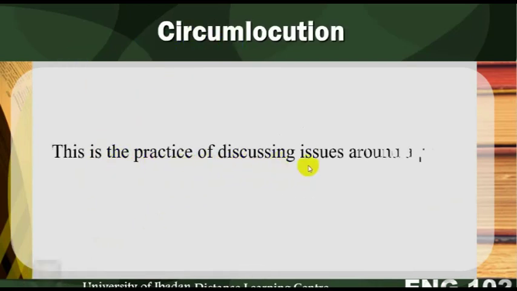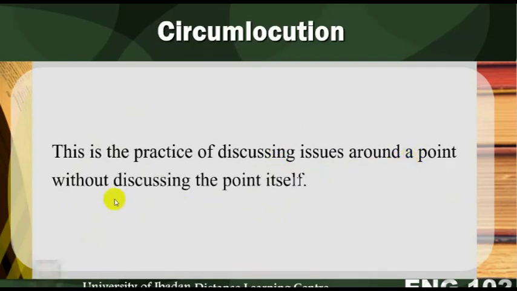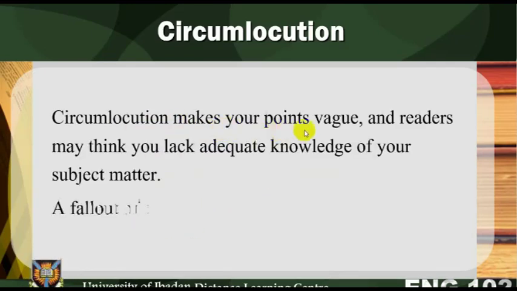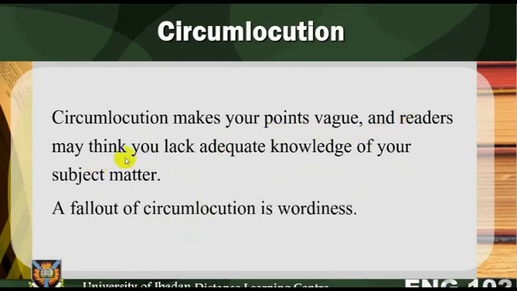Circumlocution. This is the practice of discussing issues around a point without discussing the point itself. Sometimes the point is enshrouded in too many words so that the reader does not understand the author's message. Circumlocution makes your points vague, and readers may think you lack adequate knowledge of your subject matter.